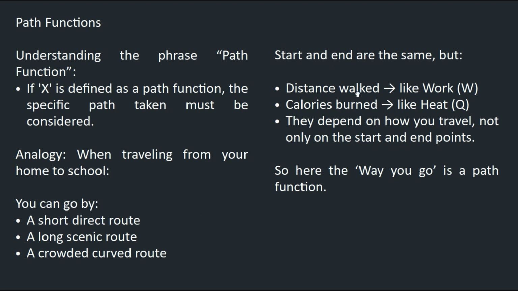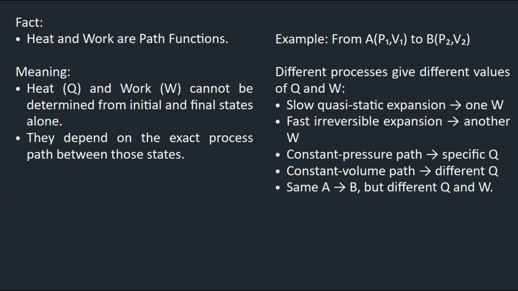So here the distance walked and the calories burnt depend on which path you take. Similarly, work and heat also get influenced by what path you are taking. So here the way you go is a path function, right? If you have to talk about these quantities by discussing how it's being done, the path taken, then it's known as path function. Simple.